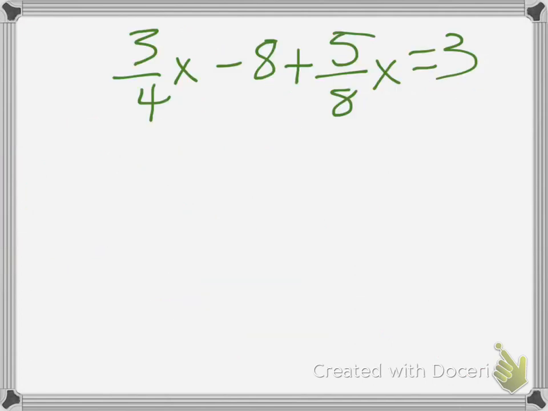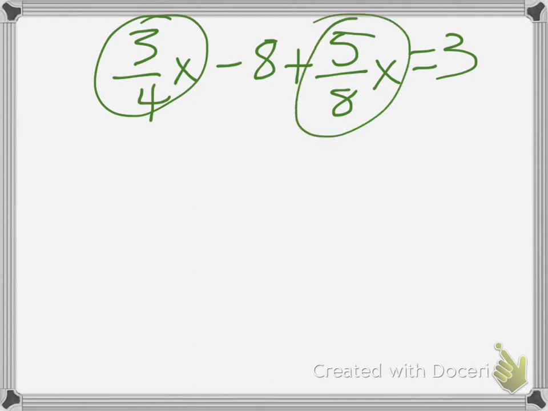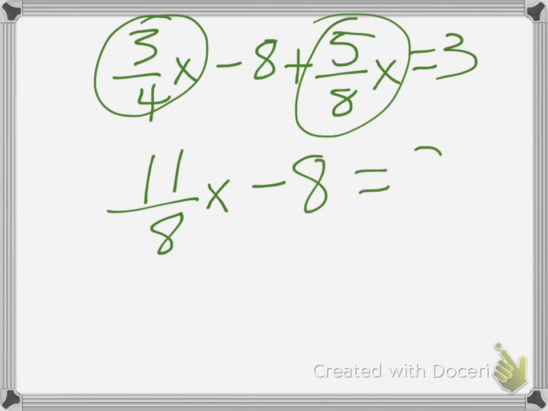Alright, and for the last problem, you're going to combine your like terms, which is this one and this one. Once you combine those, that's going to become 11 over 8 x. Then you bring down your negative 8 equals 3. Now, this becomes what? A two-step equation again.